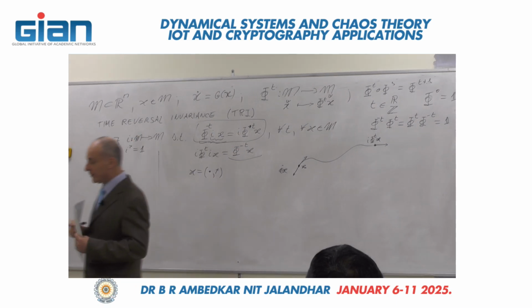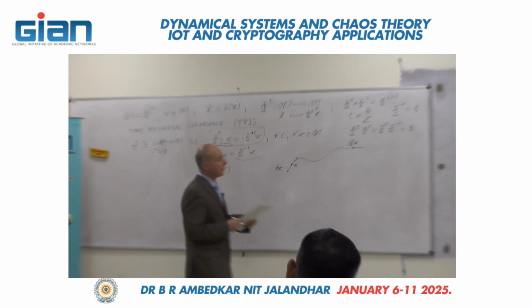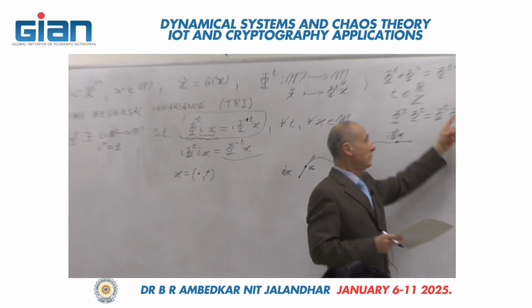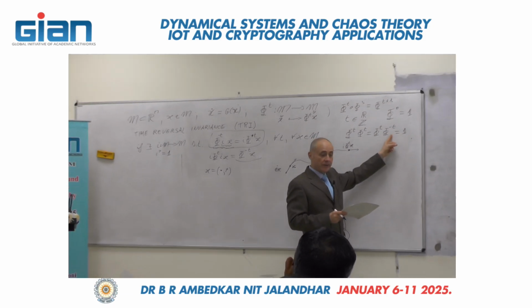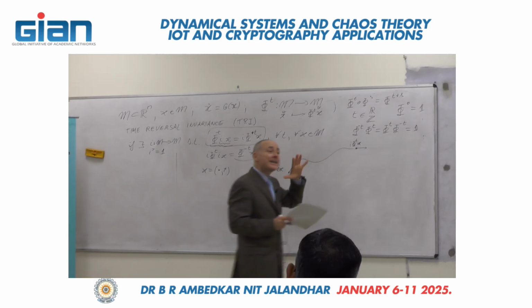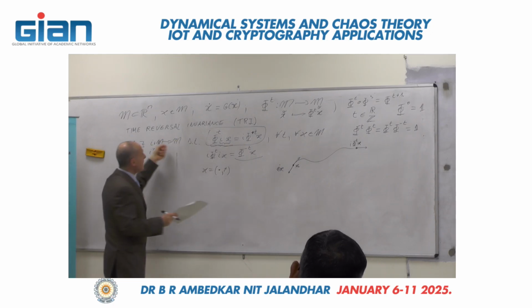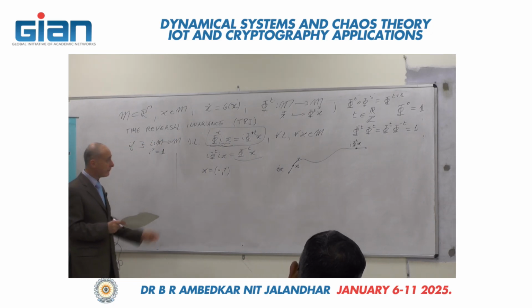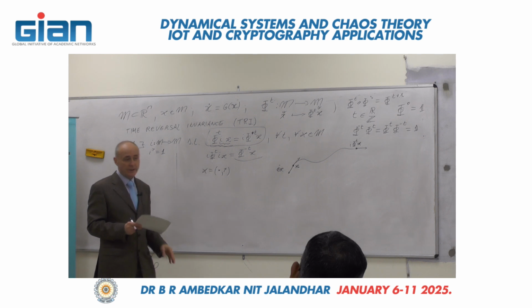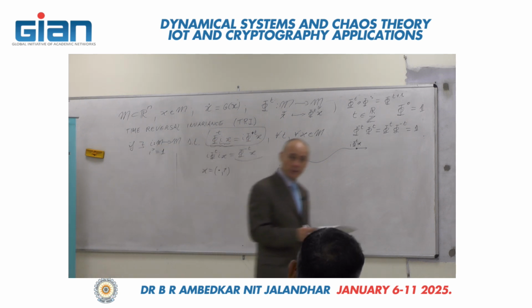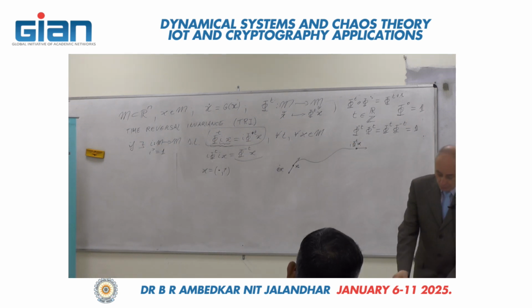So many dynamical systems have the property of being invertible. The inverse exists. And some are also time reversal invariant. That means there also exists an involution with these properties. They can be used, okay?